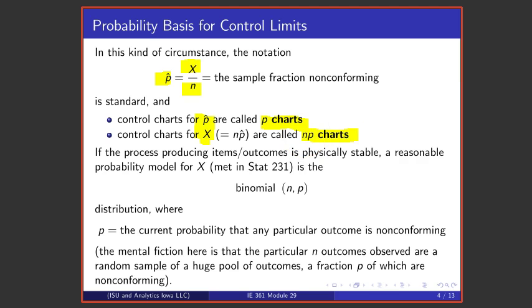As a probability basis for control charting, a review of elementary probability and statistics should tell one that a sensible probability model for this number nonconforming x is the binomial distribution, where the number of trials is the sample size and the probability that any particular outcome or item inspected is non-conforming is this number p.